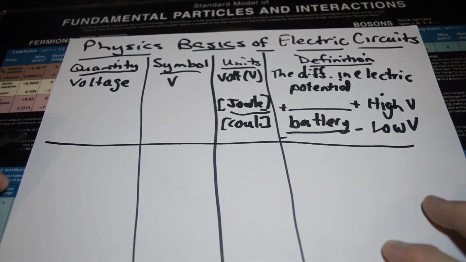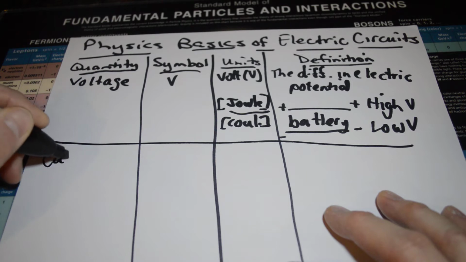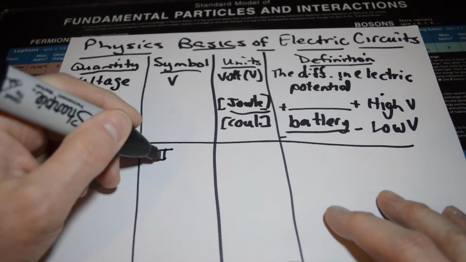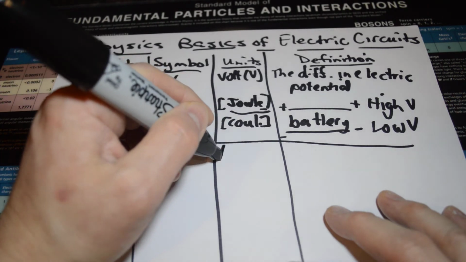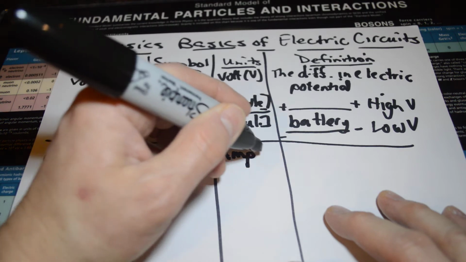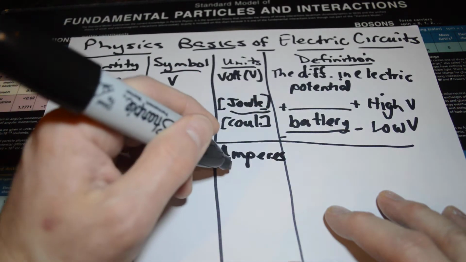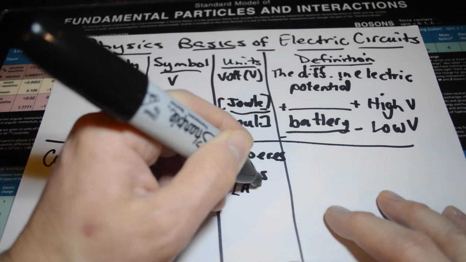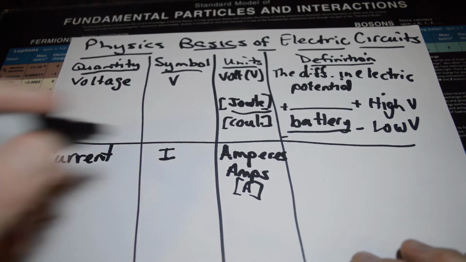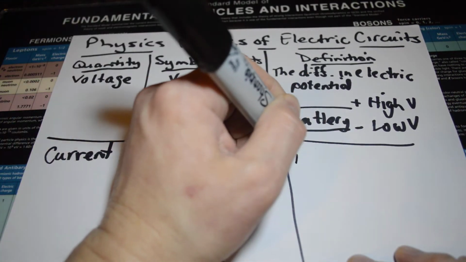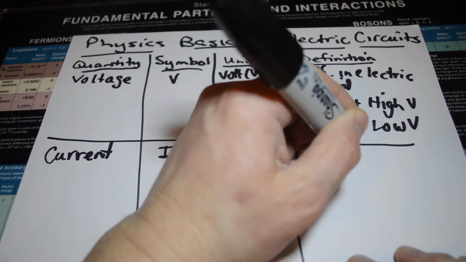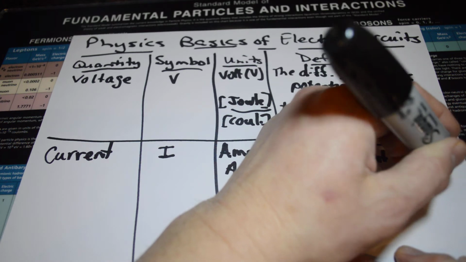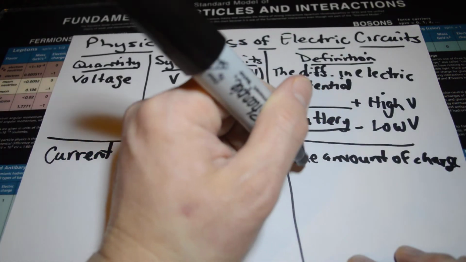Okay. The next thing you'd like to define is electric current. Current is given by the letter I. The letter I is going to be measured in what we call amperes, or amps for short, which is an A. And that's just known as the amount of charge passing a point in a given amount of time.